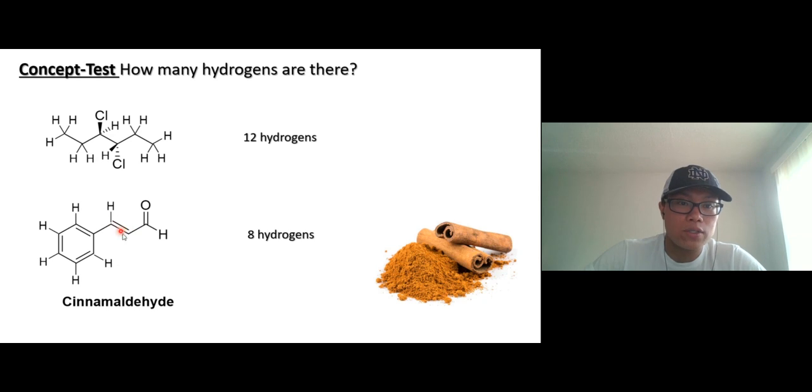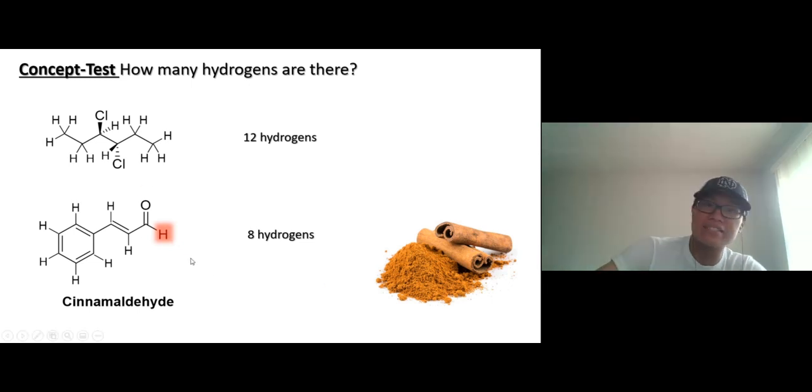Carbon here, 4 bonds, 1, 2, 3, down here 4. That's another hydrogen. 1, 2, 3, 4, 5, 6, 7. That's 7. How do we get 8? There we go. In an aldehyde, the C double bond O, that's the aldehyde functional group, already has a hydrogen in it. For an aldehyde, we show the hydrogen there. It's a functional group, so it's convention.